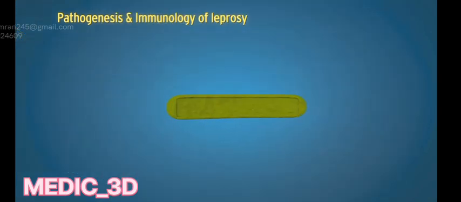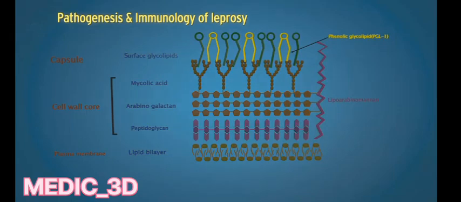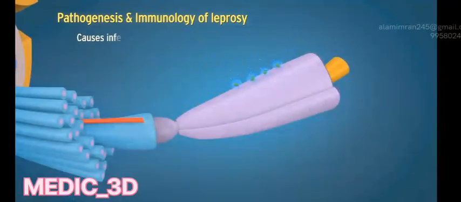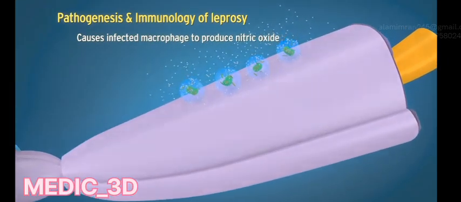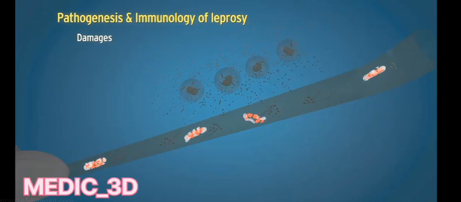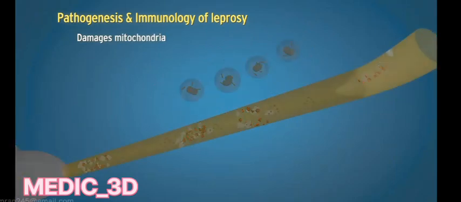Mycobacterium leprae has a specialized surface, phenolic glycolipid 1, PGL1, that causes infected macrophages to produce an excess of nitric oxide, which has a damaging effect on the mitochondria present inside the axon of the nerve fiber.